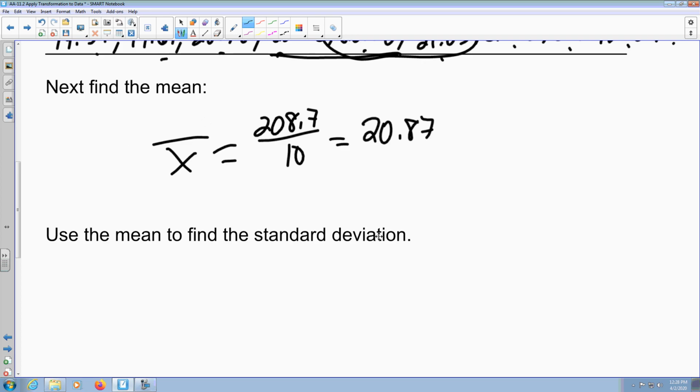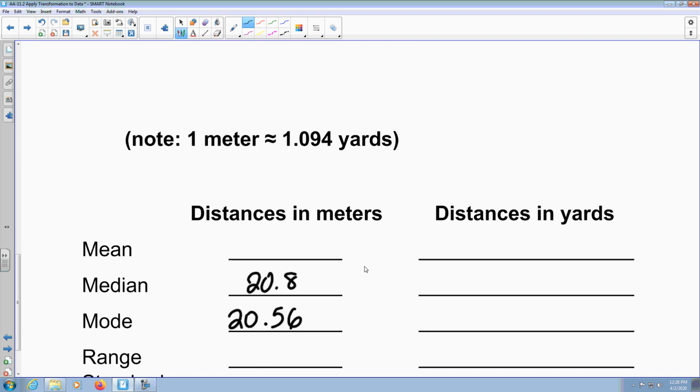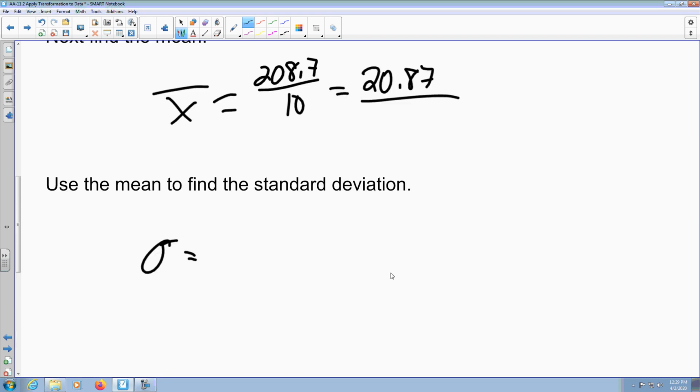To find the standard deviation, again, remember that you're going to take each value and subtract the mean. It won't be different because 20.87 is pretty precise. I wouldn't round it to 20.9, so don't do that. Leave it like this value here. So again, I'll just write that down, 20.87, and then here it's going to be the square root.